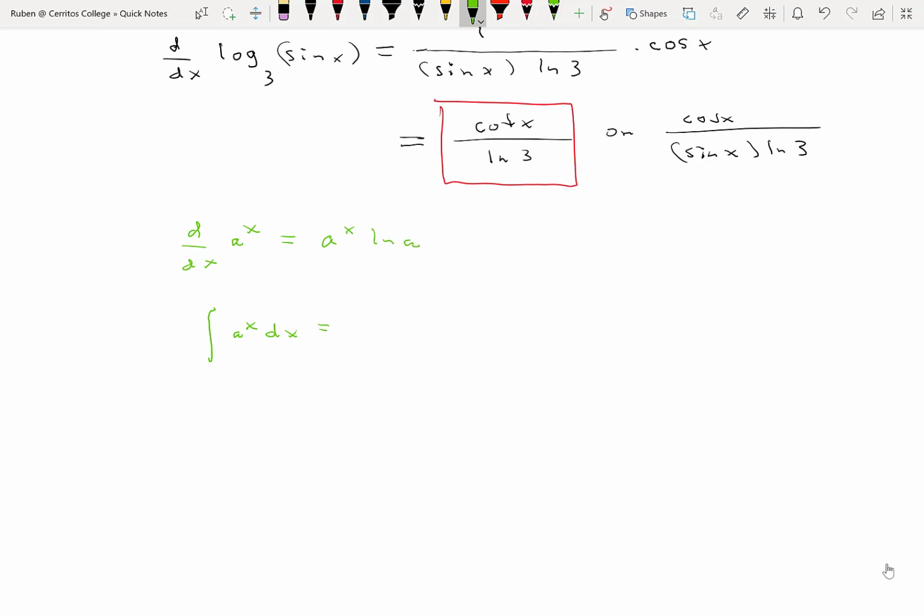The most general antiderivative of a to the x is a to the x over ln a, plus C, that's a constant. And finally, the derivative with respect to x of log base a of x is 1 over x ln a. And again, I apologize for my brain glitch above.